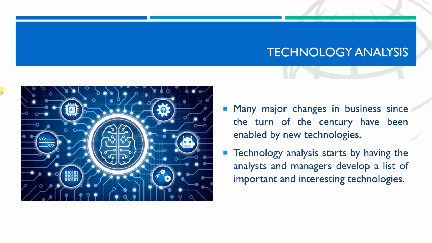Then the group systematically identifies how every technology could be applied to the business process and identifies how the business will benefit. It is important to note that the technology analysis in no way implies adopting technology for technology's sake. Rather, the focus is on using new technologies to meet the goals of the organization.